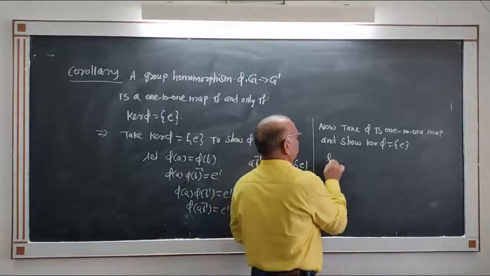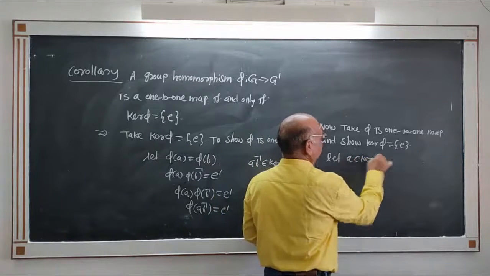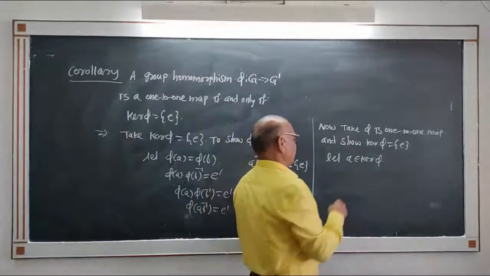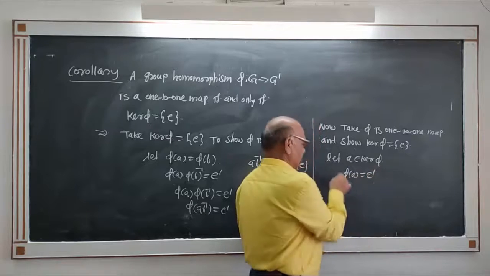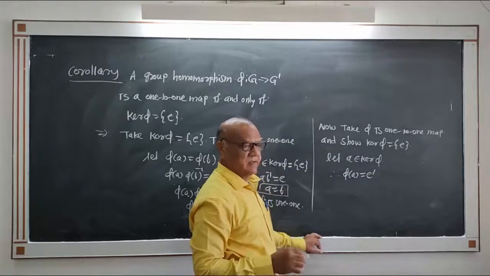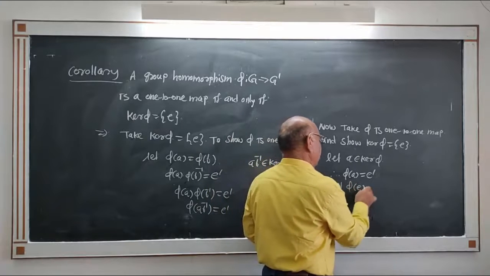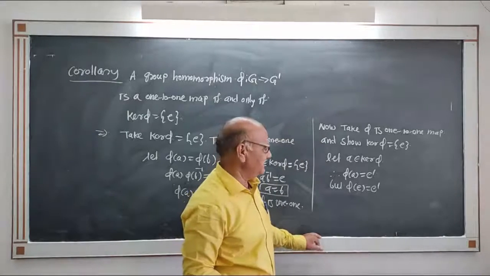Let A belong to kernel phi, any element. That means phi of A is equal to E dash. But phi of E is also E dash.